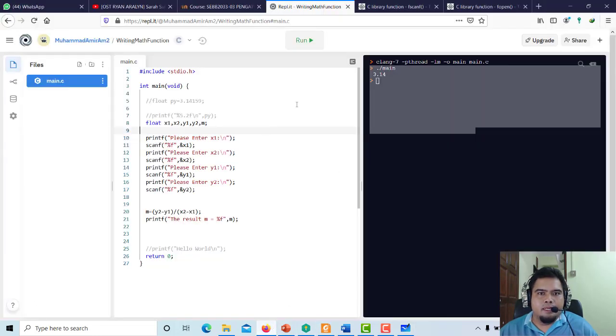Okay, once I run this, the first thing displayed here is please enter x1, because of this instruction, and it is not an input, it is an output, a printf. You are printing or giving the data, where the data is please enter x1, to the screen. It's output.